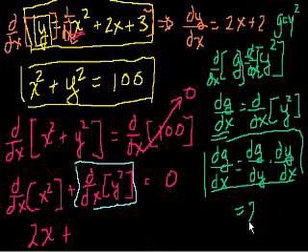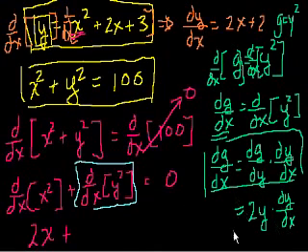Well, that's just 2y. Right? Just using our polynomial rules, which hopefully you believe actually work, because there are several videos where we prove it. And then times the derivative of y with respect to x, which we don't know. And that's actually kind of what we're going to try to solve for.